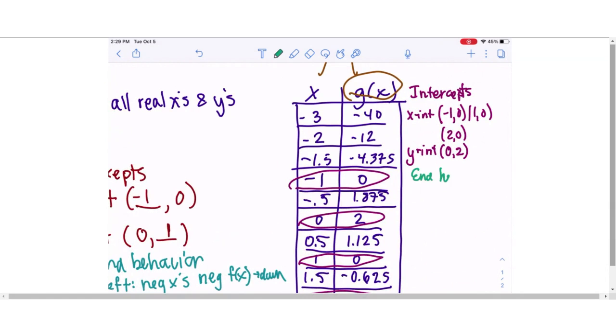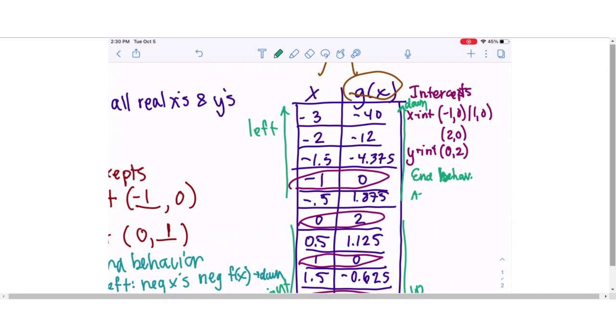End behavior. So again, this is the left side. If we look at these numbers, that looks to me like they're going further into the negatives, and so that's going down. And then this is going to be the right side. As we look at those numbers, they're going up. So it's the same.